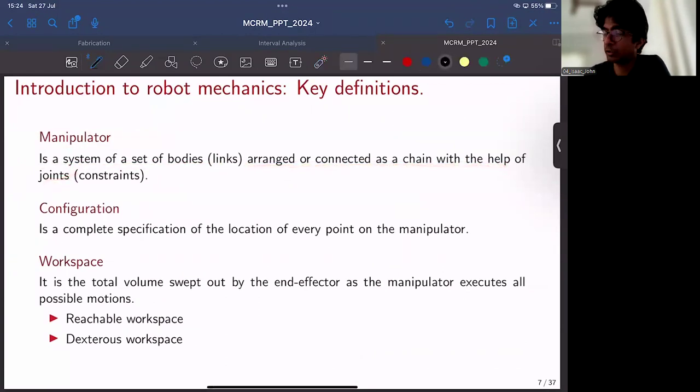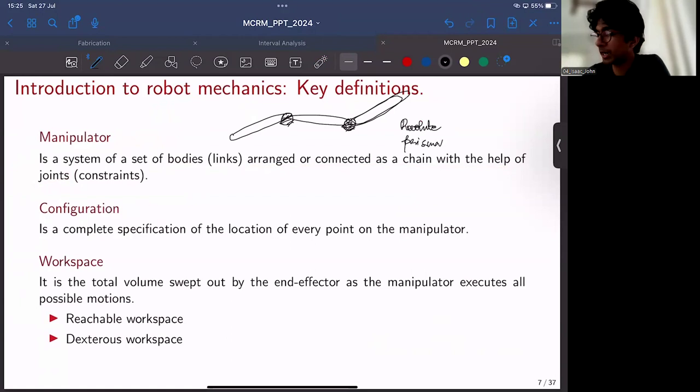So similar to what we have seen over there, it's a set of bodies connected as chains, and each of these bodies is connected using joints. The commonly used joints for a robotic manipulator are revolute joints, which only have 1 degree of rotational freedom, and the second, the prismatic joint, which is also a single degree of freedom joint, but only allows translation along one axis. So pure rotation or pure translation.